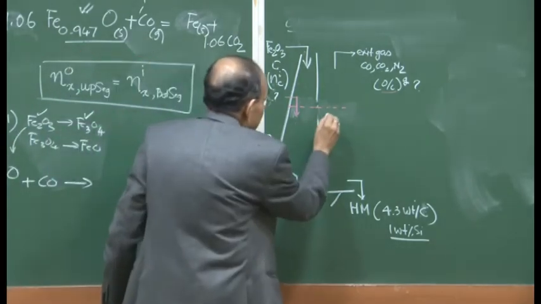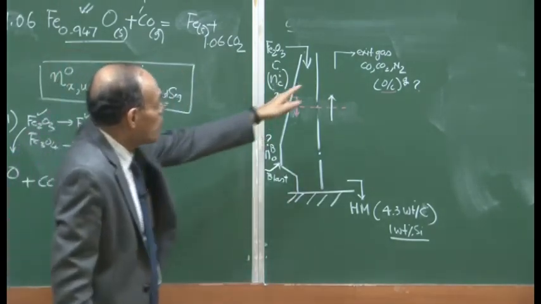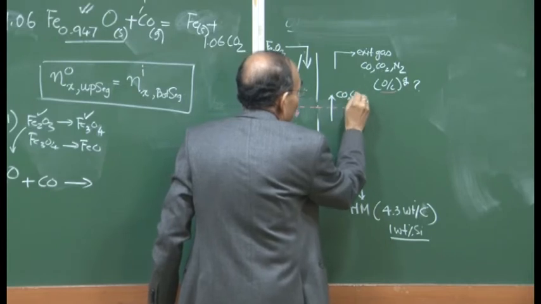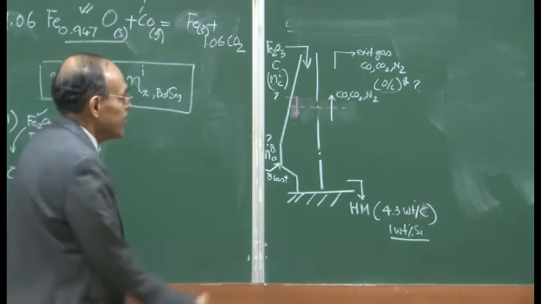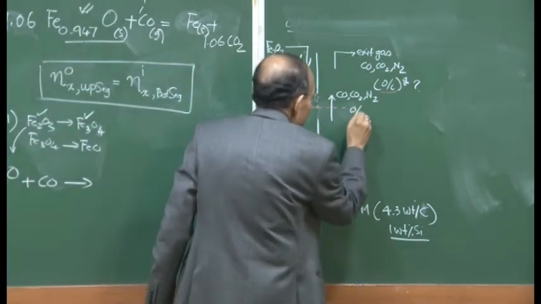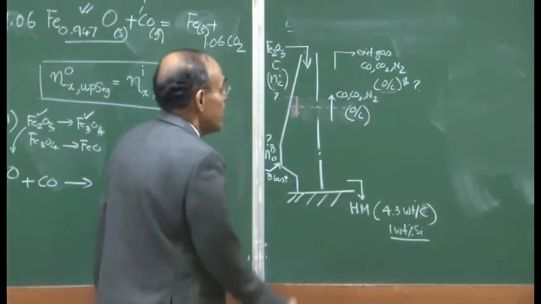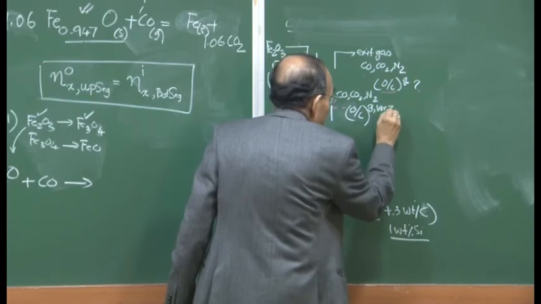So, I can say that the exit gas will still contain CO, CO2 and nitrogen, and it will have an O by C value. If this is the O by C for the overall furnace parameter, then I will say this is the O by C of the Oostite reduction zone.